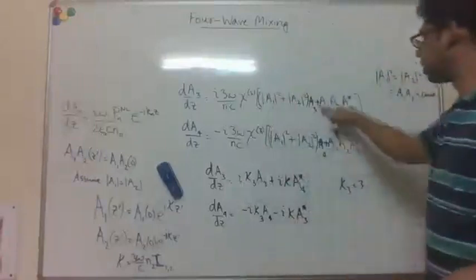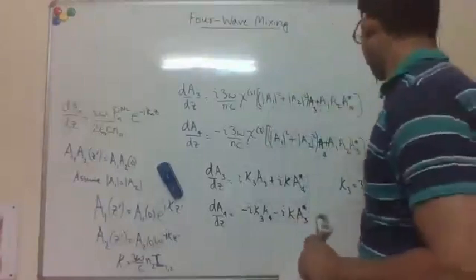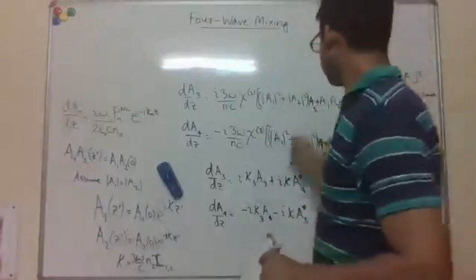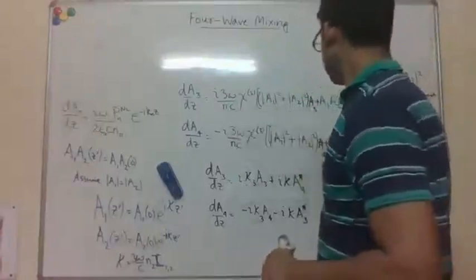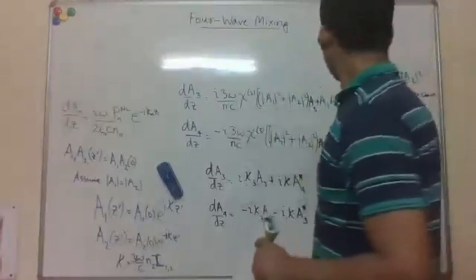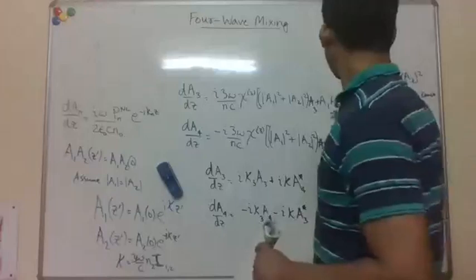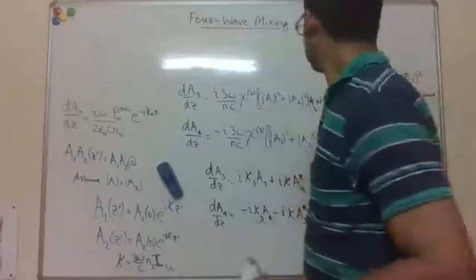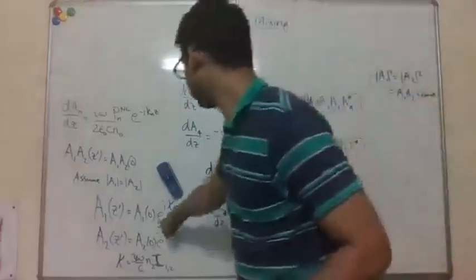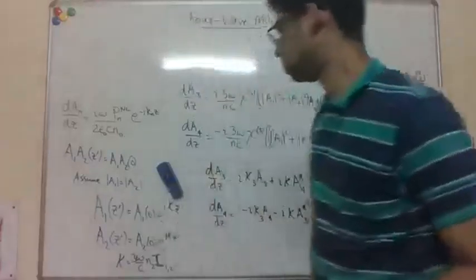It should be an A3 and A4 here. So the coefficient of A3 is kappa 3 and the coefficient of A4 conjugate is kappa. This is the same kappa that we got for A1 and A2.